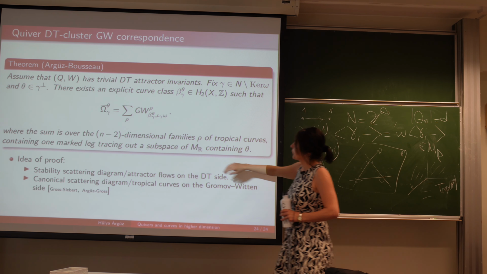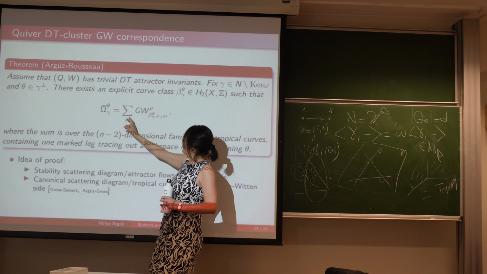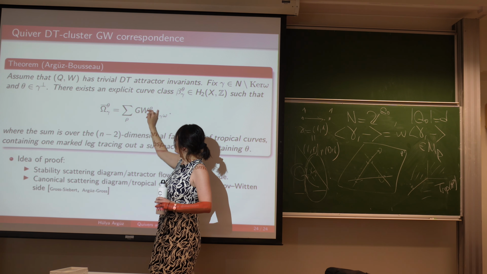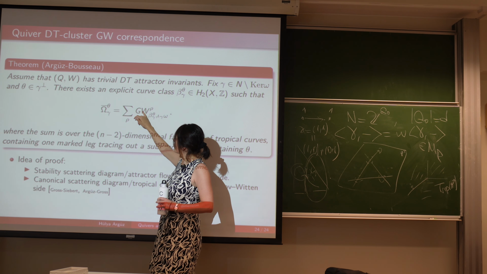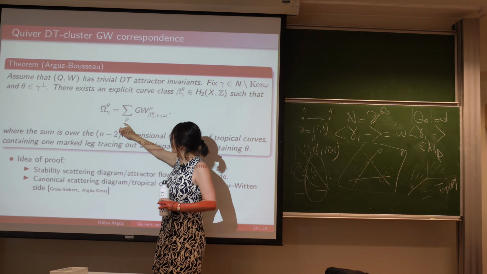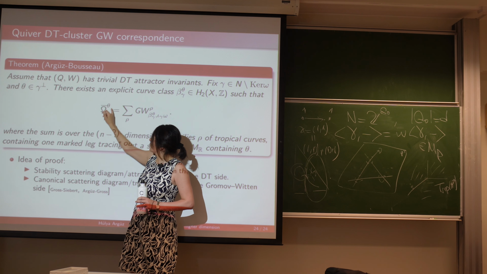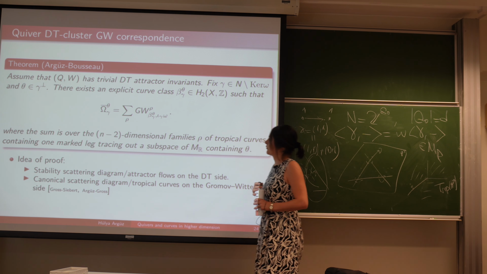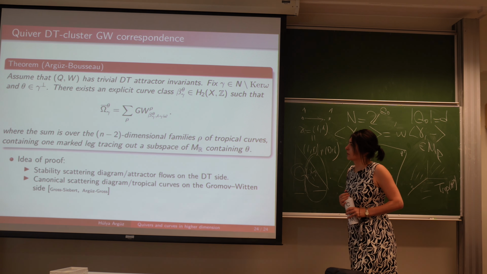Here we're looking at the sum of all log Gromov-Witten invariants which are of a given tropical type, which is again determined by omega and gamma, and there are finitely many such numbers which tropicalize to that type.